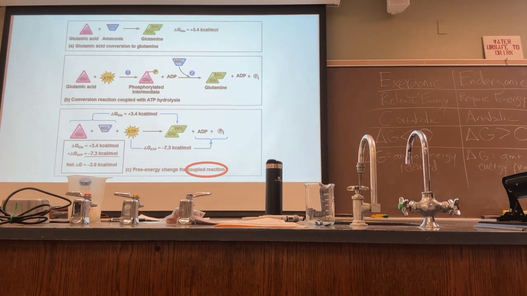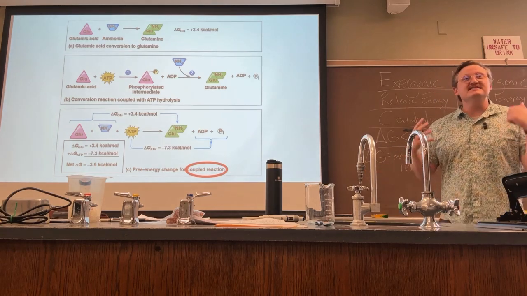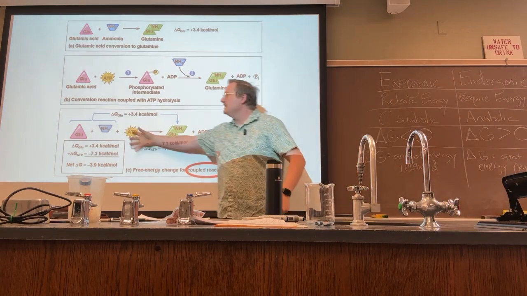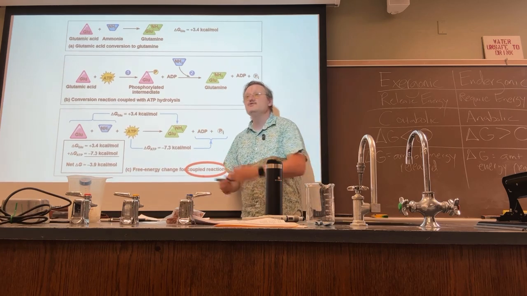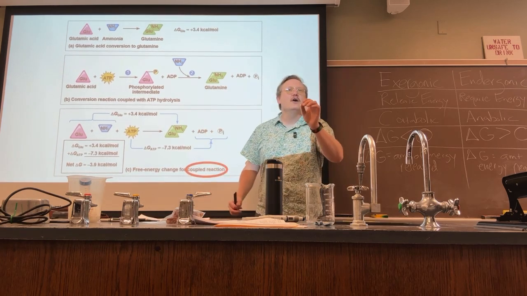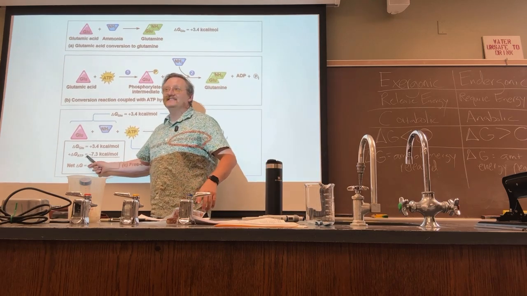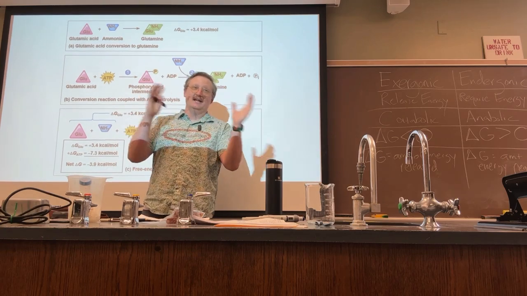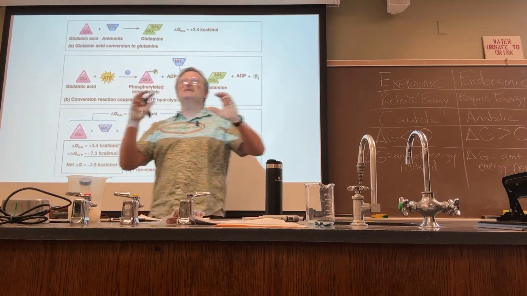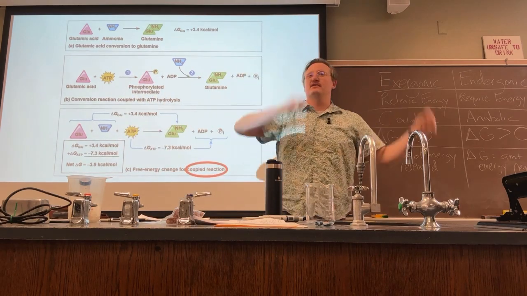Reactions with net negative delta G values can proceed because you're releasing more energy in this reaction than is being consumed. And you know that some of that energy is going to be lost as heat due to inefficiencies. So you need to couple exergonic reactions with endergonic reactions so that you're releasing more energy than the endergonic reaction requires.